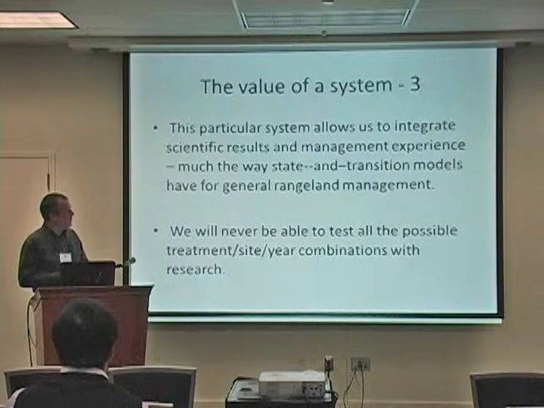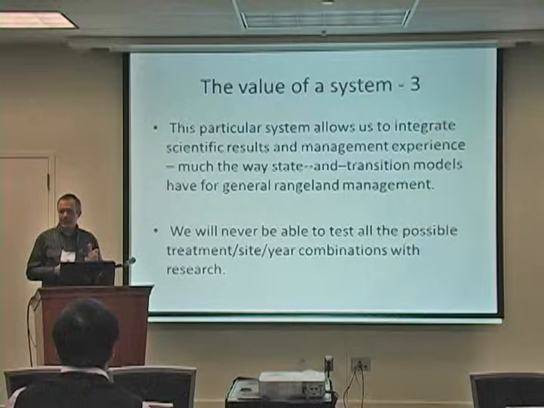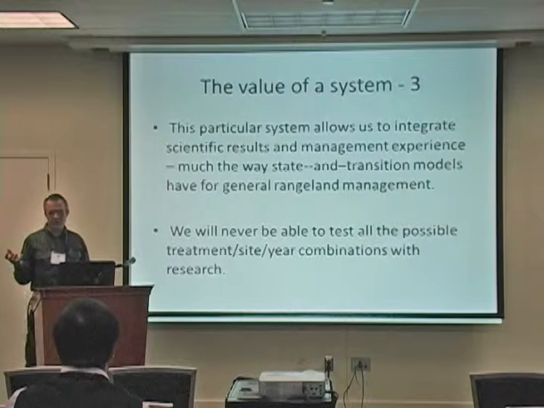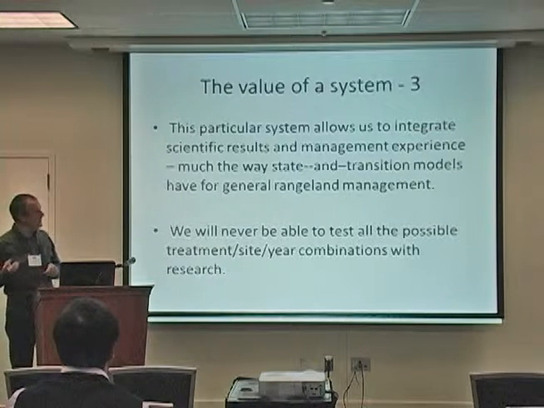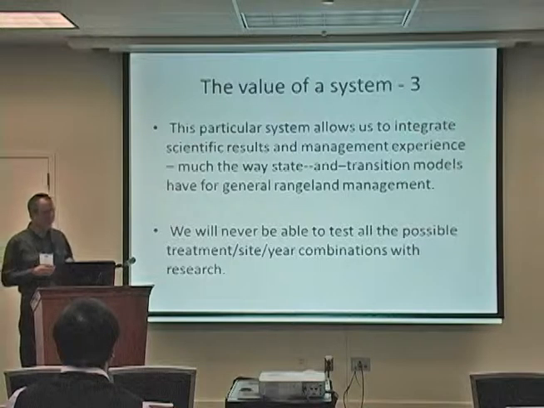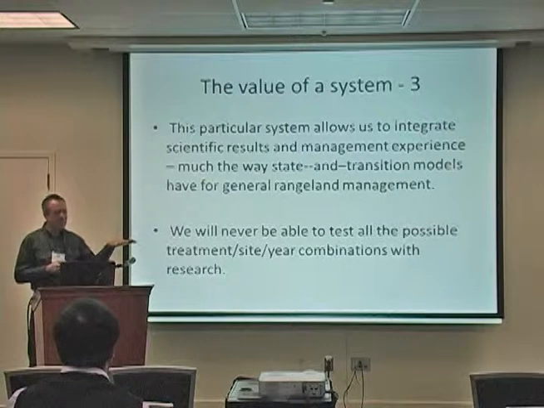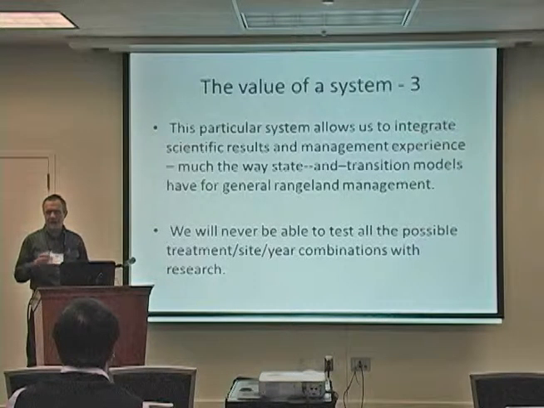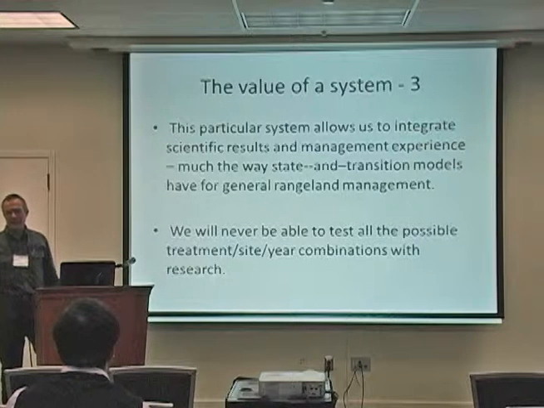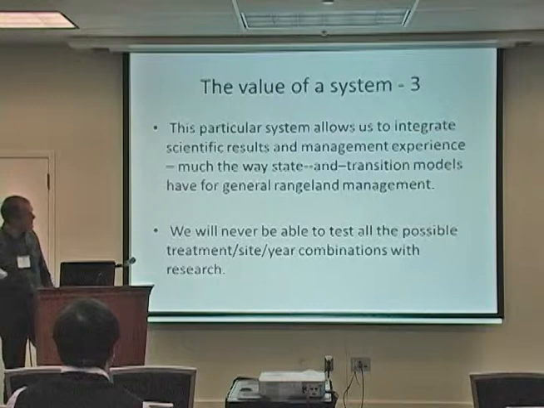And this is a real problem, this business that we have a lot of management experience and we have some research that we can draw on. And frankly, there's always going to be a problem that we have a lot more experience out there in the field doing lots of different sites, and we'll do research on fairly limited areas because it's intensive work, it's expensive, there aren't that many of us.